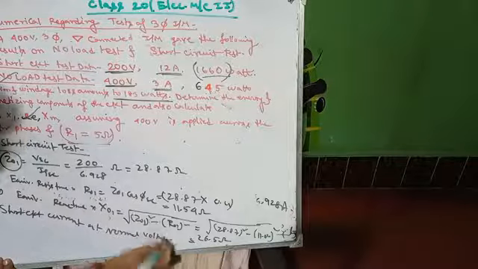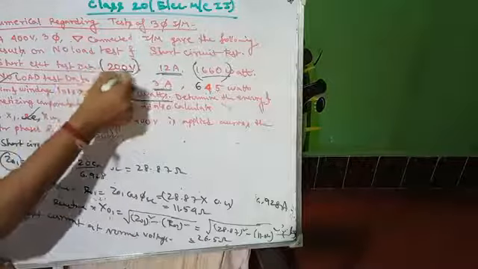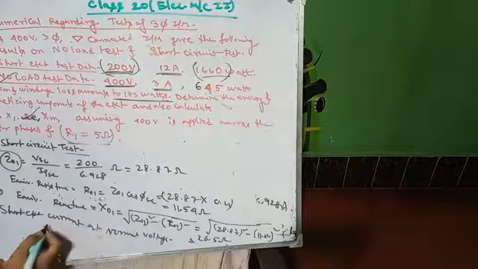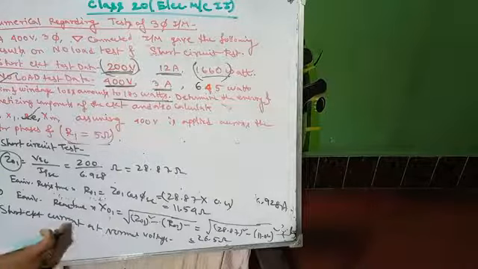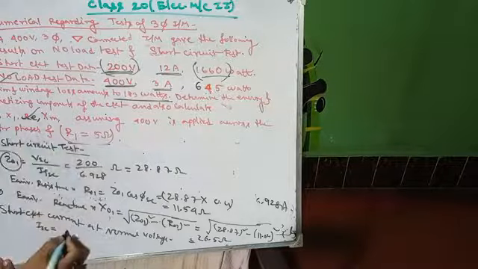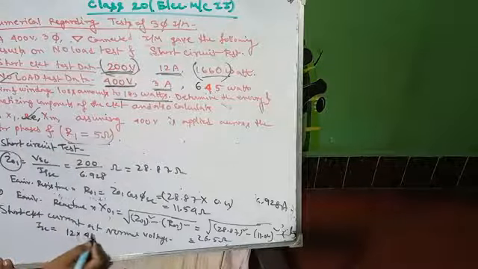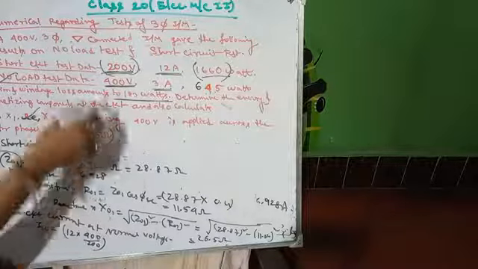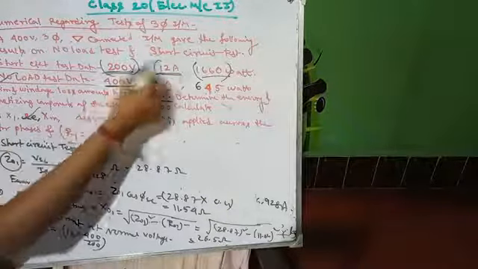Because in this case, I was calculating for 200 volt. So now you have to find the short circuit current, that is I_SC, at 400 volt. That will be 12 into 400 by 200. Here the data is for 12 ampere at 200 volt.